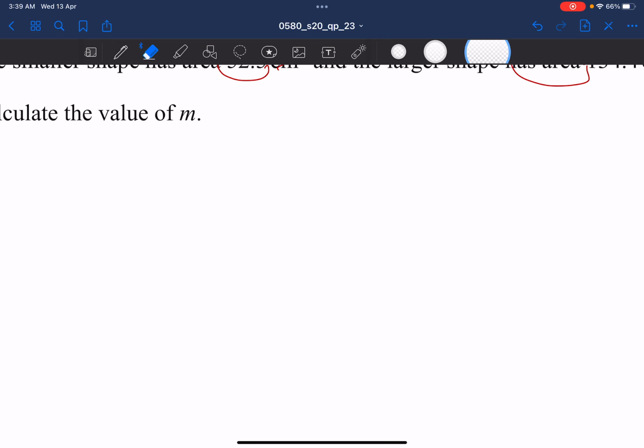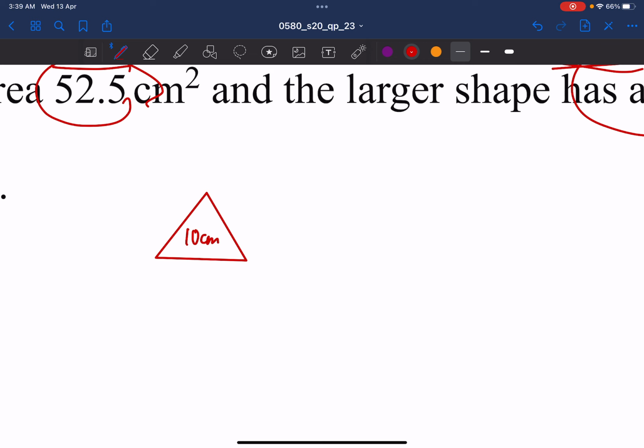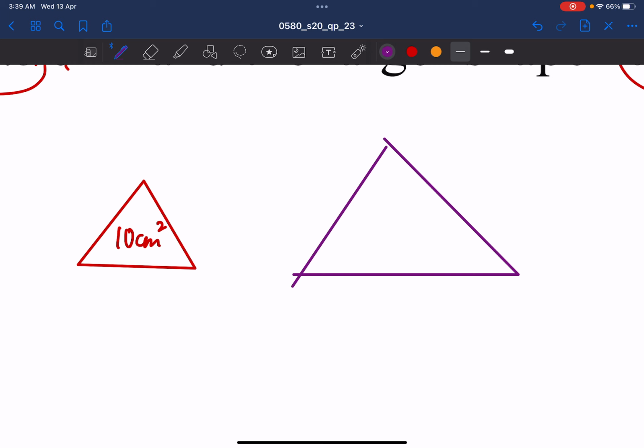In other words, you are given a triangle with area 10 cm squared, and told there's a similar triangle with area 40 cm squared. So what is the scale factor of the line? We call it the linear scale factor. So if this length is A, this will be 2A. How do we know?